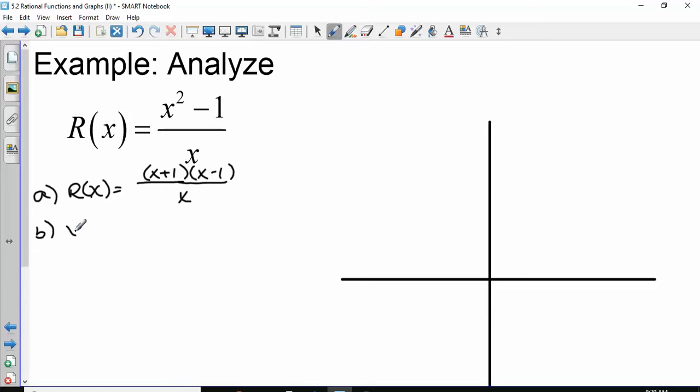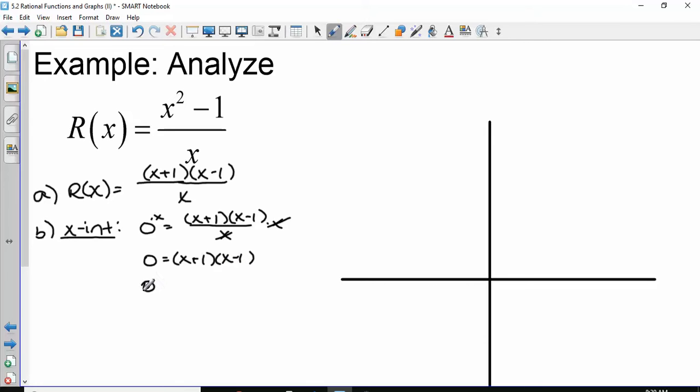B, x-intercept is when y equals 0, and I told you that's really just when the top of the fraction equals 0, because you would just multiply over your x and it cancels. What makes the top equal 0?